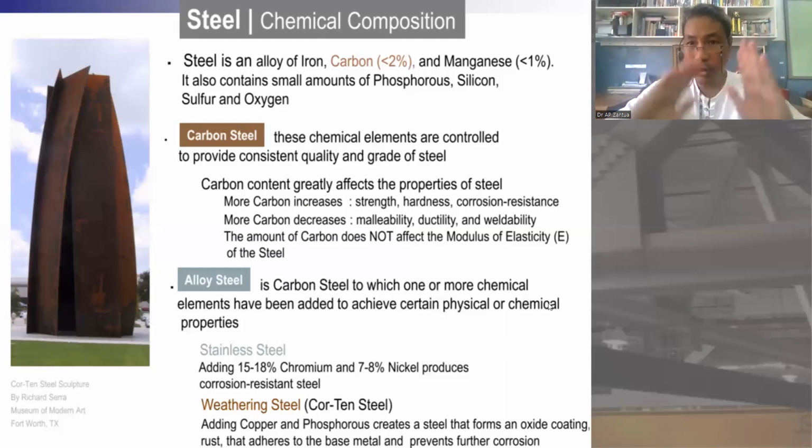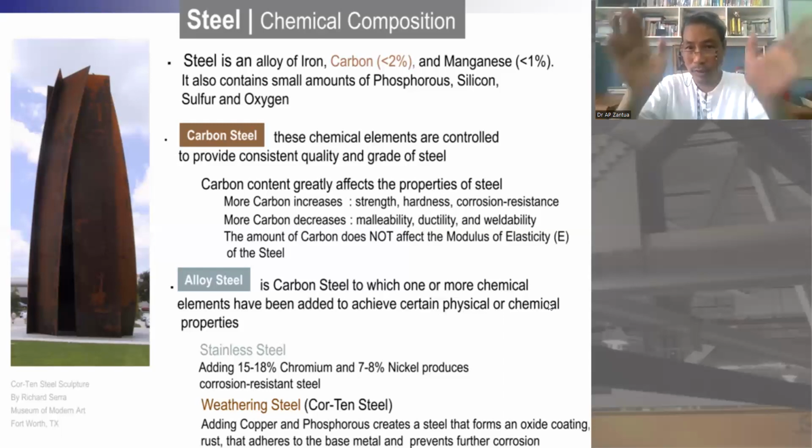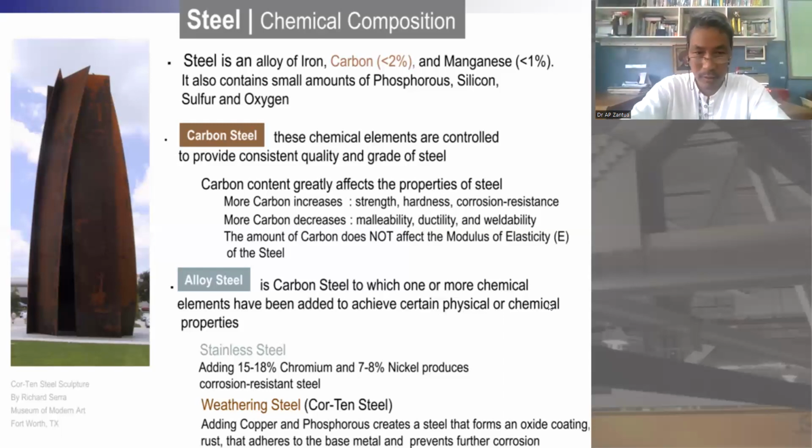But the corrosion on the surface will actually prevent further corrosion. It creates steel that forms oxide. It will become a coating, a coating that adheres to the base metal and prevents further corrosion. So it is stuck up there.